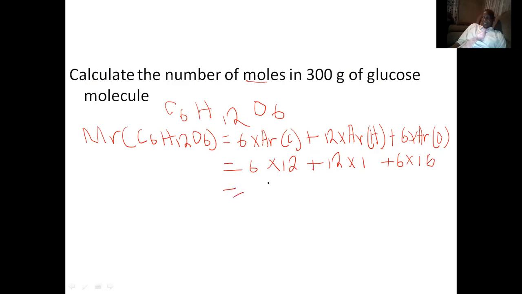And this one gives us 72 plus 12 plus 96. And this gives us 180 as the relative molecular mass for glucose.